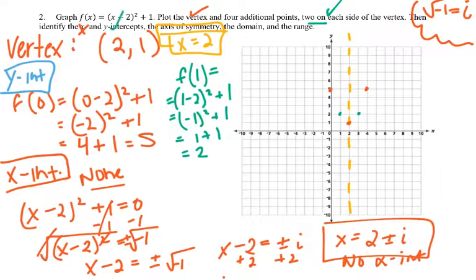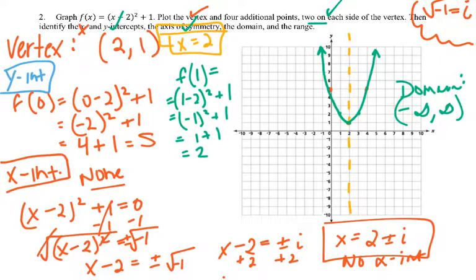I've taken care of my y-intercept. I've taken care of my axis of symmetry. I can now draw my parabola. I'm going to start from the vertex and go upwards on the left, upwards on the right. I know because it's a parabola, my domain is from negative infinity to infinity, which is all the real x values.